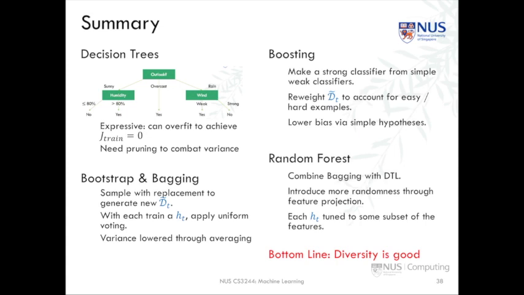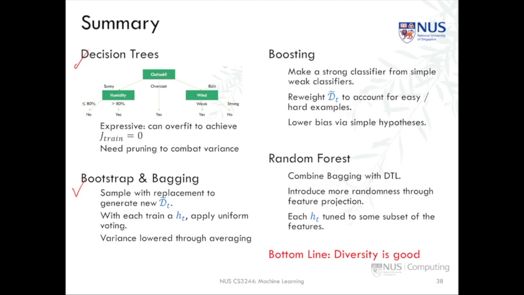In the post-class lecture, we looked first at bootstrap and bagging, where we sample a new dataset with replacement from the original. And with each generated new dataset D tilde, we can train a new hypothesis and apply uniform voting to get the result. This helps to lower the variance problem through the averaging as applied through the uniform voting.